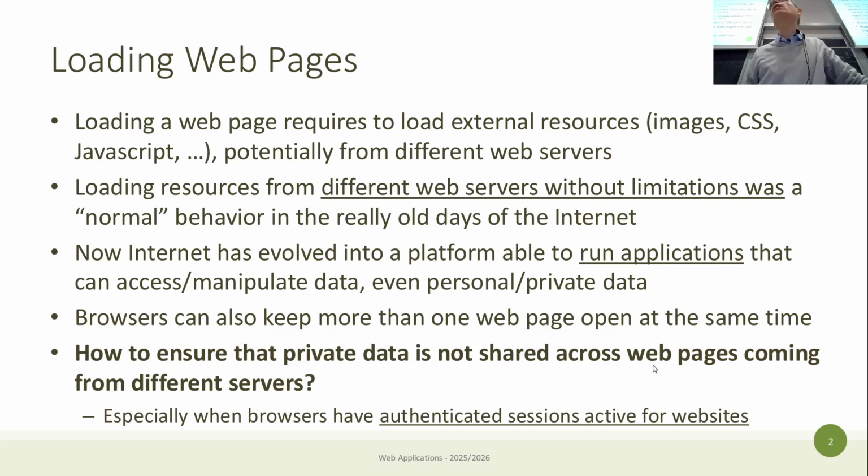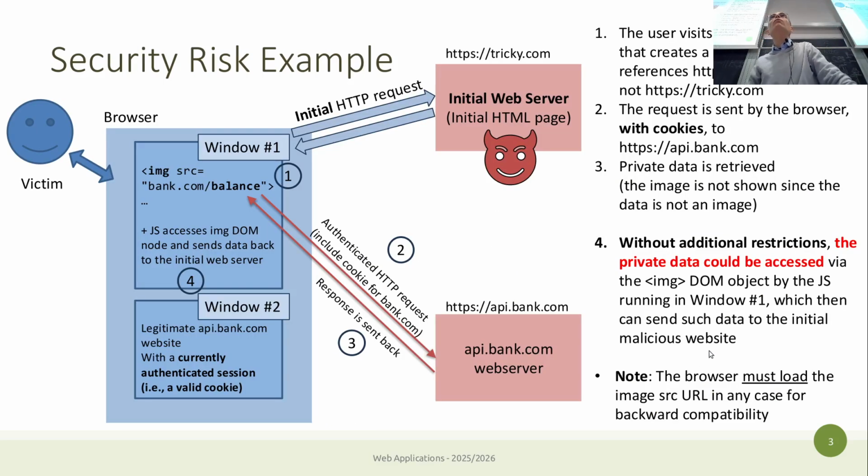Because this authentication status is shared between the different tabs and the different windows of the same browser, because it's something that is stored locally in the browser, and it is accessible by any tab and any window of the browser, okay? And we need to be very, very careful. So that's the picture that should explain what is the security risk that we are addressing today, and how we then mitigate this issue.